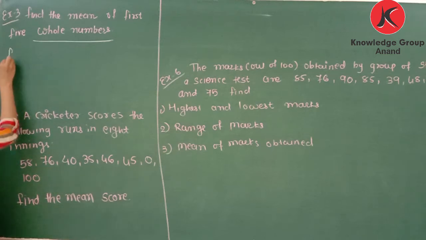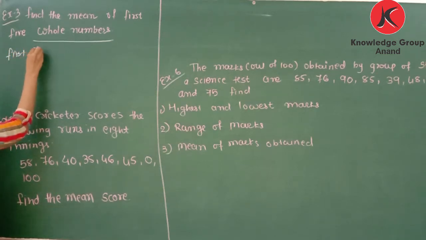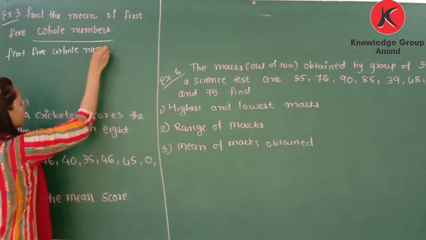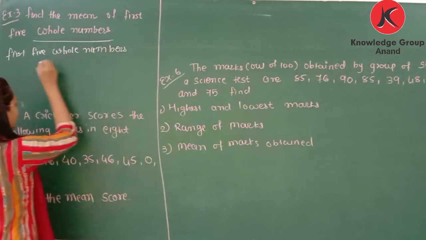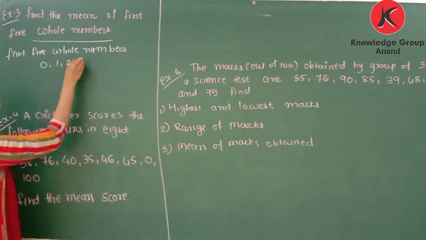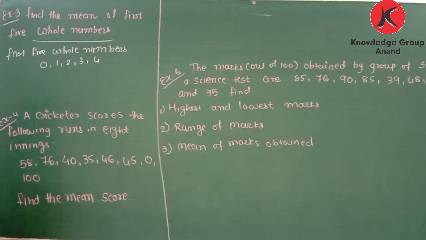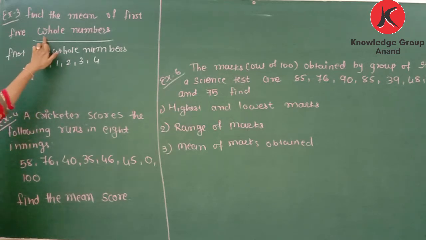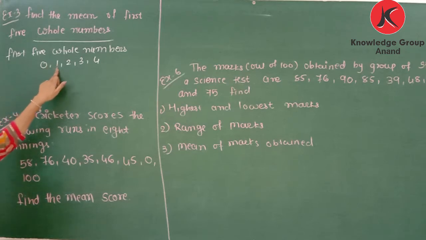So the first 5 whole numbers are 0, 1, 2, 3 and 4, not 1, 2, 3, 4, 5. Students make mistakes in this kind of example. If the question said natural numbers instead of whole numbers, then you need to start from 1. So 0, 1, 2, 3, 4 are the first 5 whole numbers.